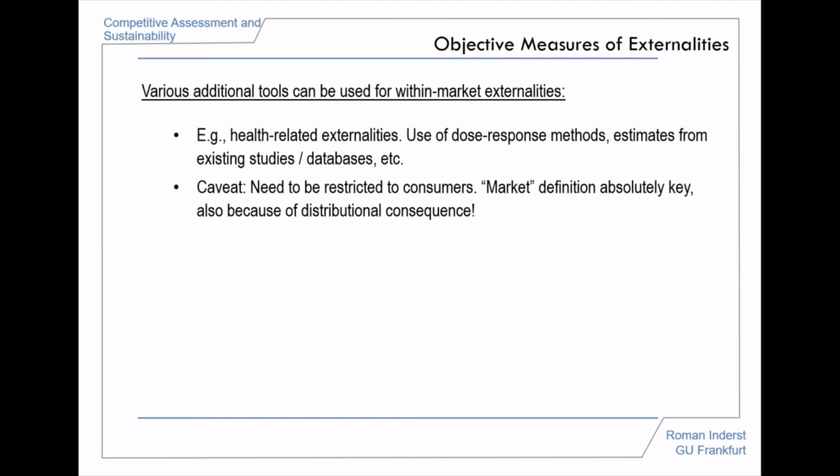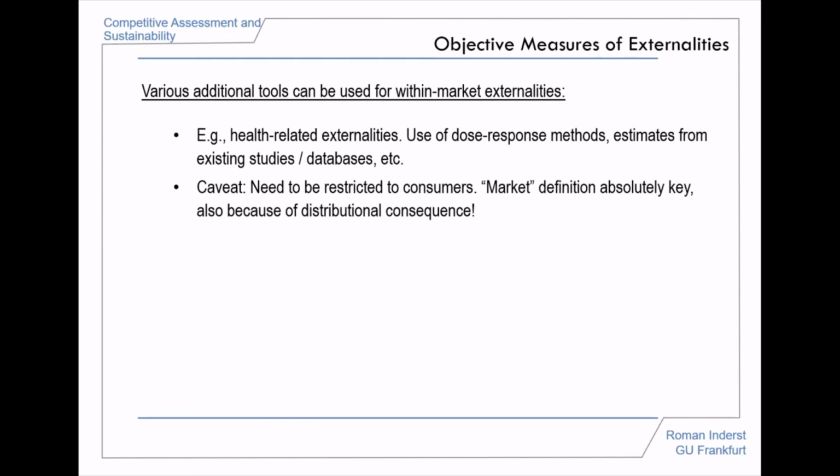Once we acknowledge these within-market externalities, we also open up the box for additional tools. For instance, there may be health-related externalities of other consumers' choices on me. As I've also covered in the other reports, there are many different methods out there, for instance dose-response methods, or we could use existing databases that measure the negative health implications.